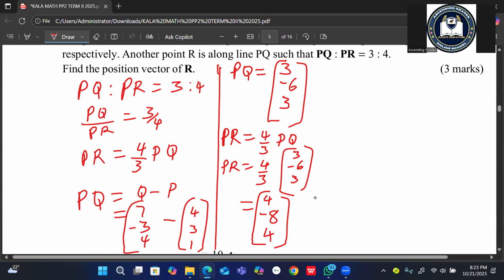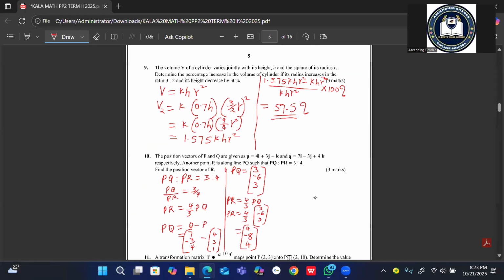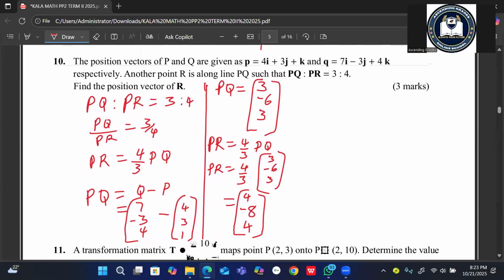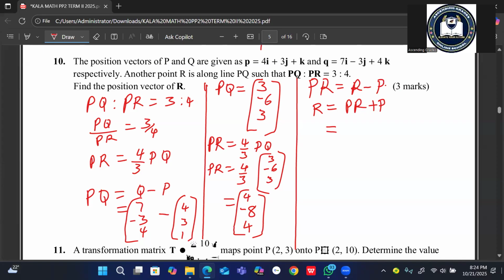We already have our PR and we already have our P, so we don't have point R. We know very well that PR is given by R minus P. So we have our PR, we have our P, we don't have R. So this means that our R should be equal to PR plus P. So PR is 4, negative 8, 4 plus P. Our P is 4, 3, 1.